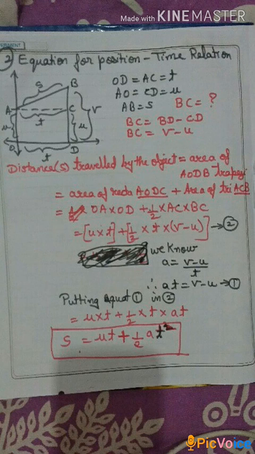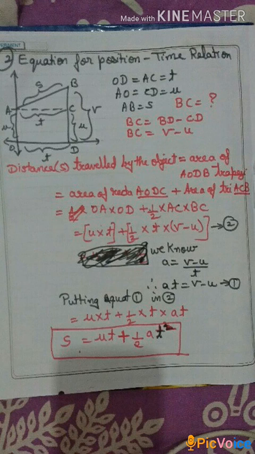Now, we know that acceleration is equal to (v − u) divided by time. Therefore, it can also be written as at = v − u. That is the first equation. Now, we are going to put the value of v − u, which is equal to at, in equation number 2.